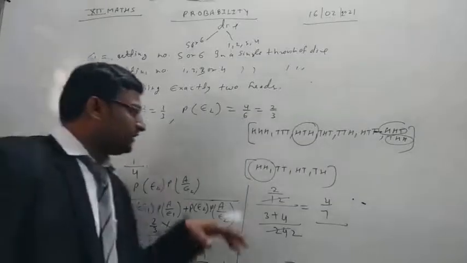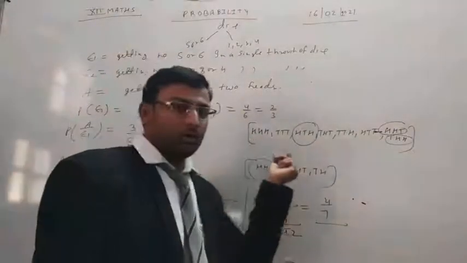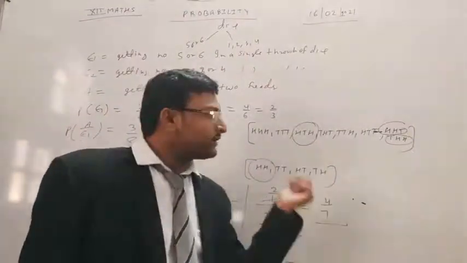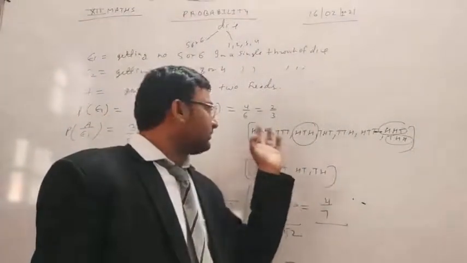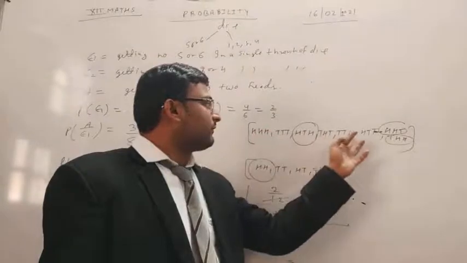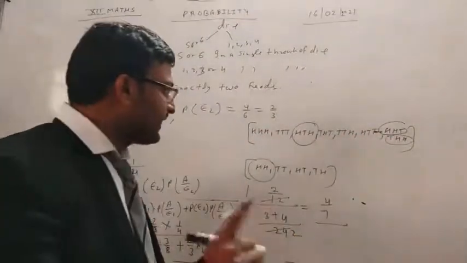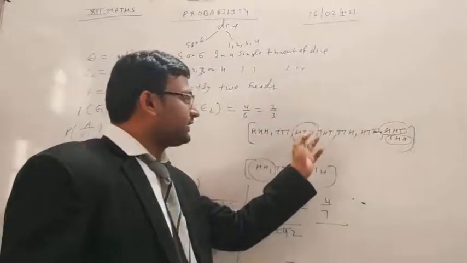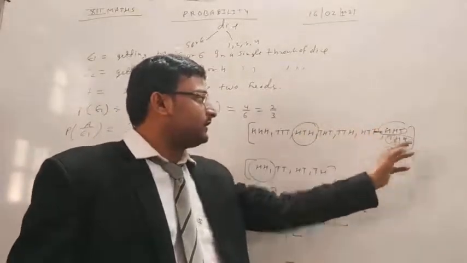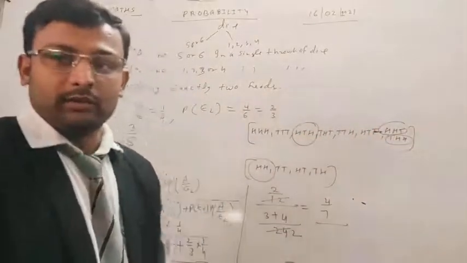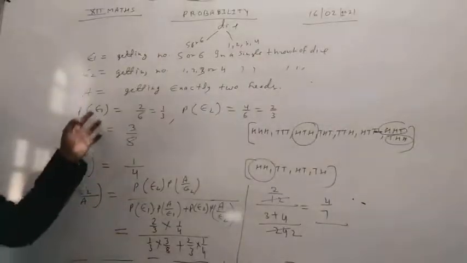In this case she throws a coin 3 times, so the number of outcomes will be 8. And we see that getting exactly 2 heads happens in 3 cases. So there are 3 favorable outcomes. So what will the probability of A by E1 be?